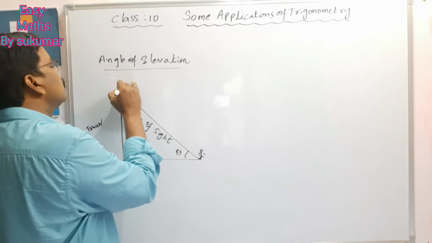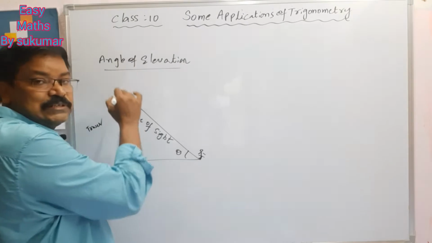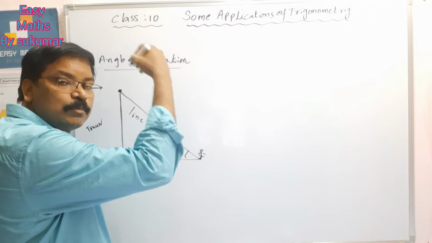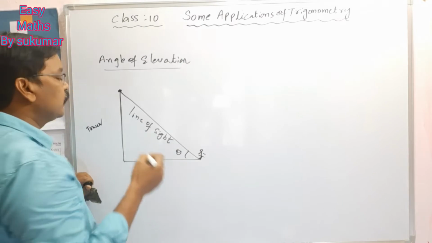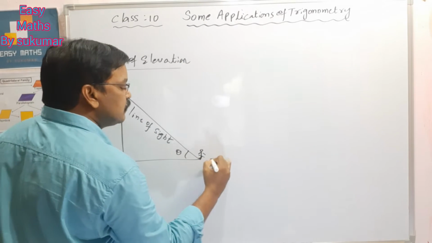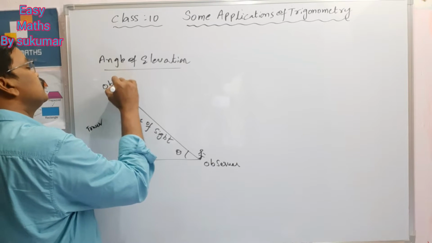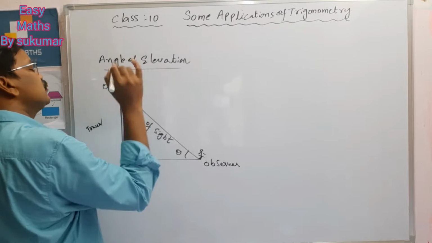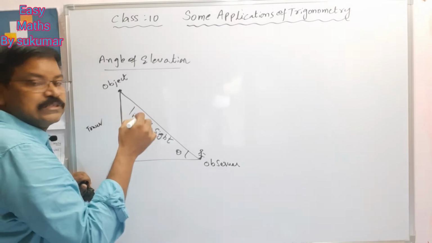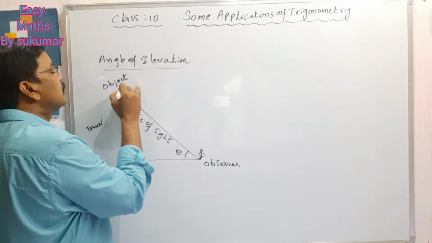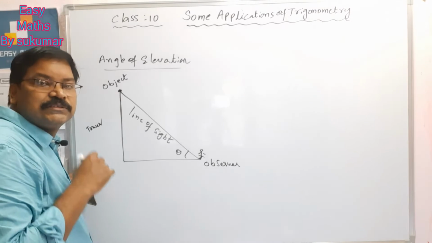This is the object. You are observing this object, that means the top of this cell phone tower. Actually, you are the observer. This is the observer and this is the object. Or just imagine a bird is sitting on the top of the mobile tower.